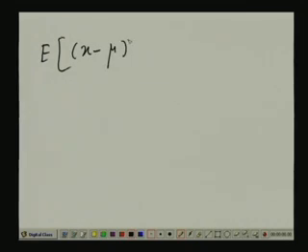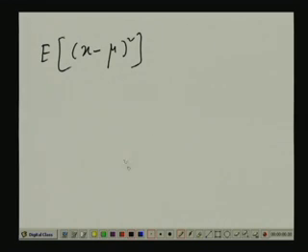So, what is this quantity? Now, what is x bar?